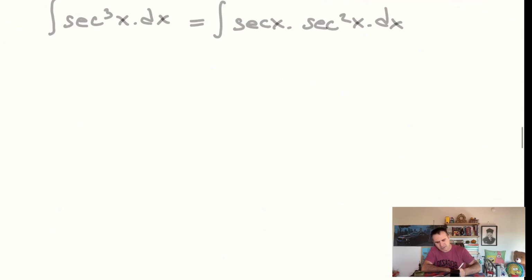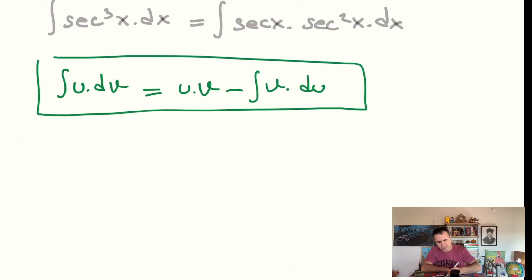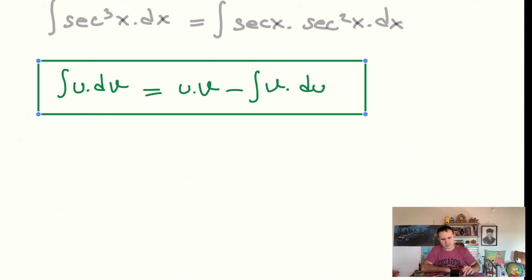If we have an integral such as integral of u times dv, where u is a function of x and v is another function of x, then this integral will be equal to u times v minus integral of v times du. We will use this to solve the integral here.